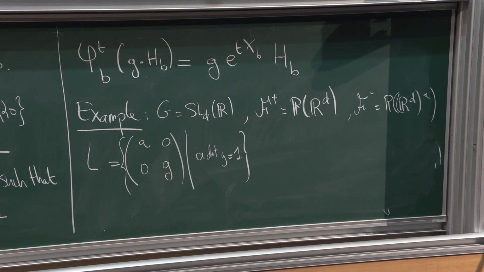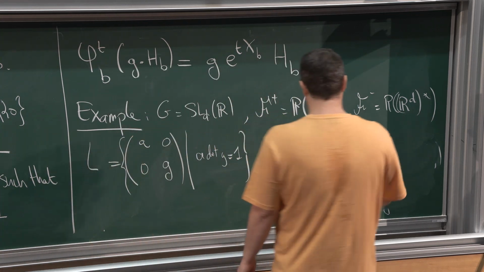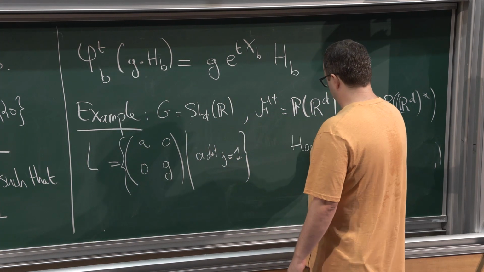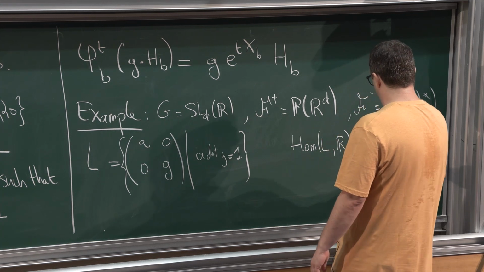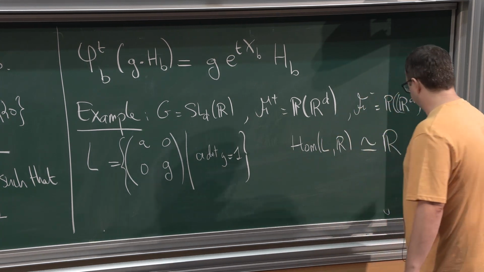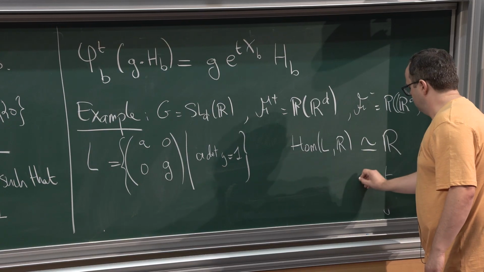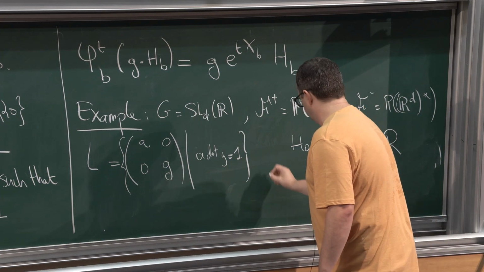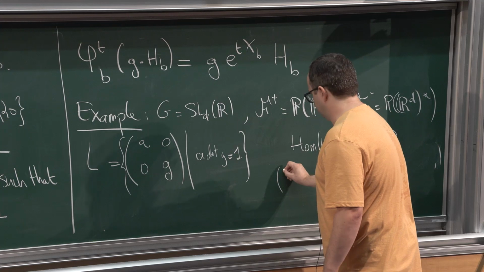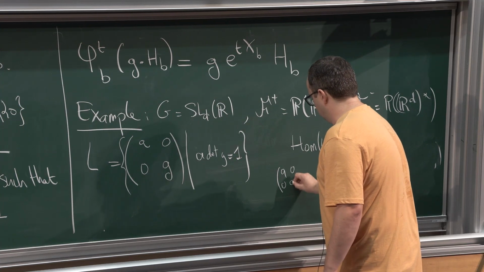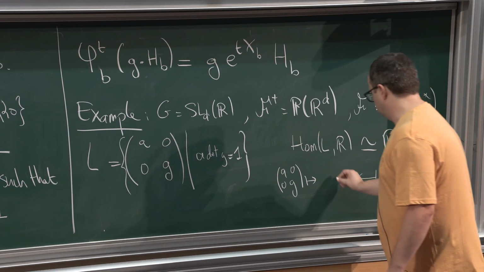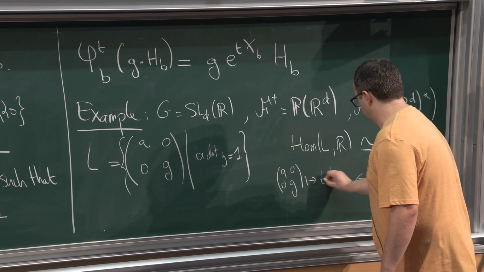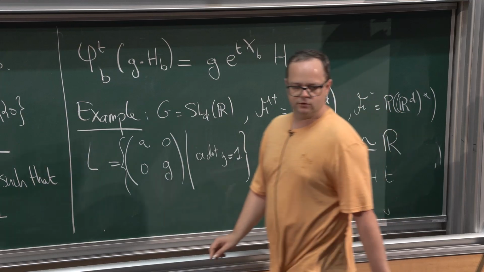So what are the homomorphisms from this to R? Well, it's a one-dimensional thing. If you pick some number T, what you can look at is the map sending A and G to log T times log of the absolute value of A. That's one way.